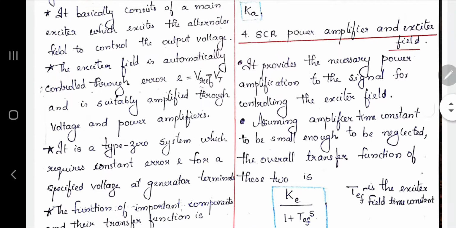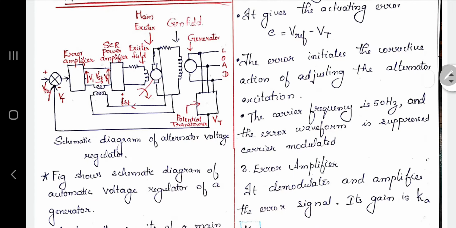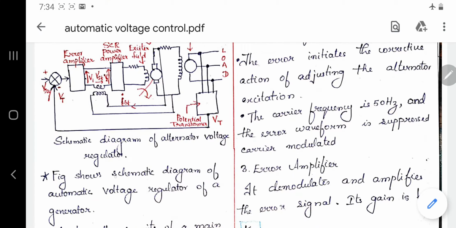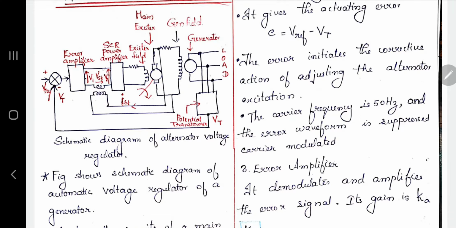One more peculiarity is that the time constant of the power amplifier is very small when we compare it with the time constant of the exciter field.